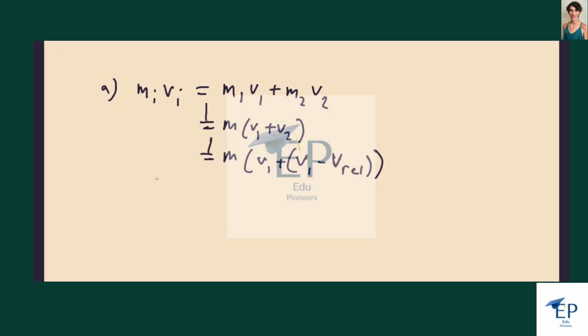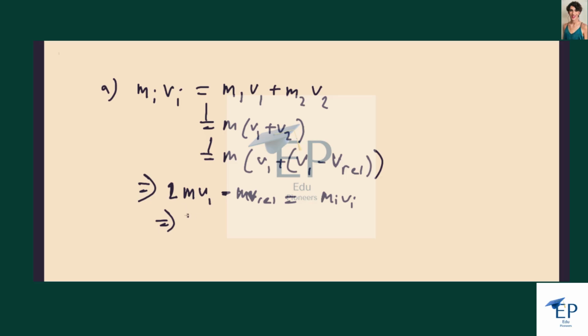Okay, and so we want v1. So here we have 2 times m v1 minus m v_rel, or relative velocity, is equal to m_i v_i.